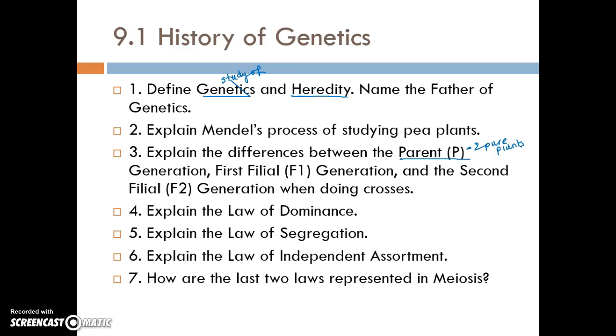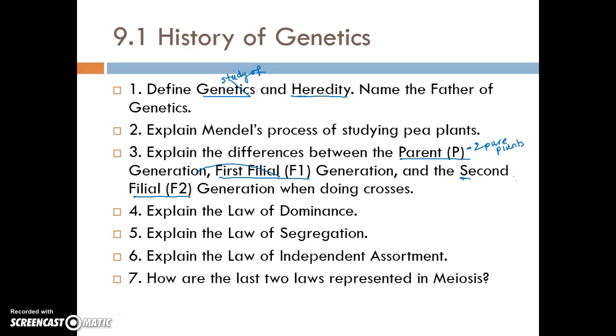And he ended up with what was called the F1 generation, or first filial generation. So first filial comes from the parent generation. Okay, in the first filial generation for him, he allowed them to self-pollinate, which they would do naturally on their own. And that produced the second filial, or F2 generation.